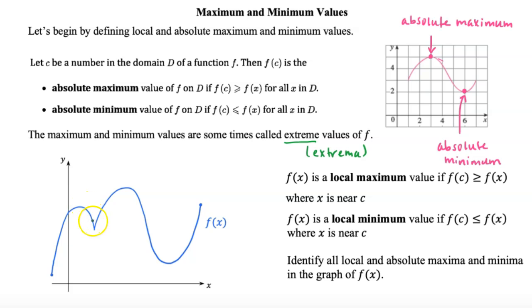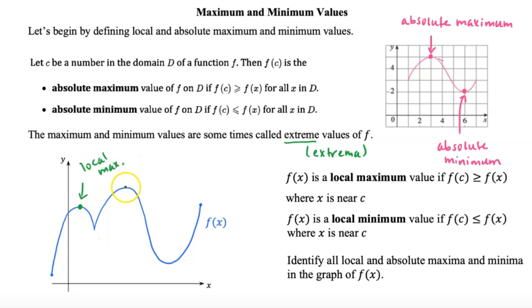So if I look at this first peak right here, can I see that maybe this point right here has the largest y value over this small interval. And so this is a local maximum value. This is a local, and I'm just going to abbreviate that, max. Okay? Now I've got this other peak.